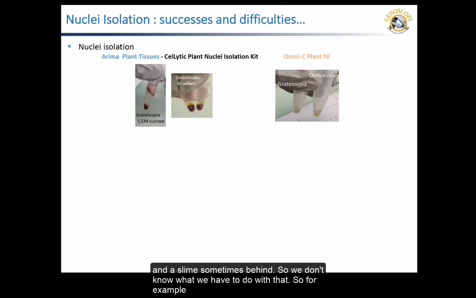So we don't know what we have to do with that. So, for example, for Gracilaria, we just took the white dots, and we also took the brown slime, blob, I don't know the term. And we tried to perform the library, but we failed for both pellets.